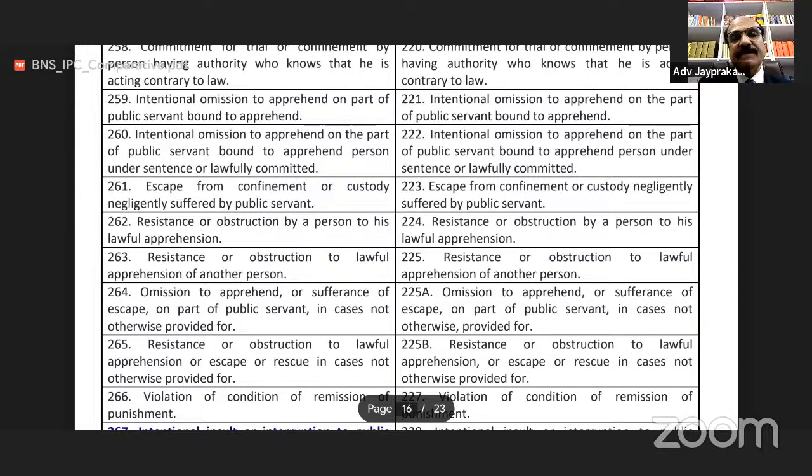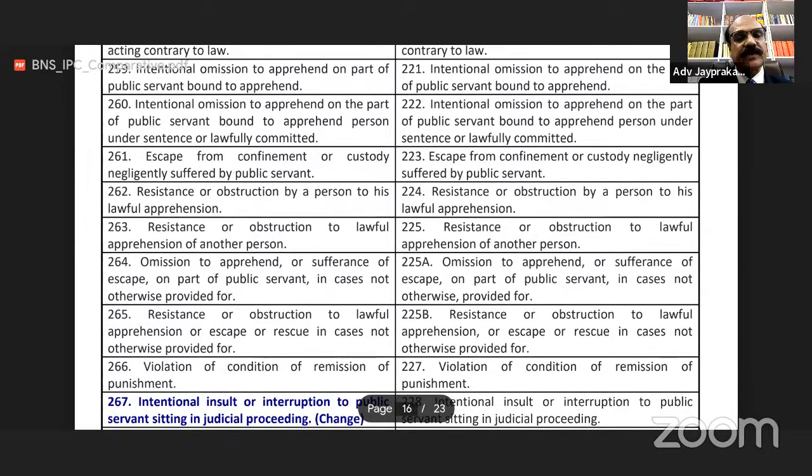Earlier section was IPC 222. BNS section 261, escape from confinement or custody negligently suffered by public servant. Corresponding section in IPC was 223.